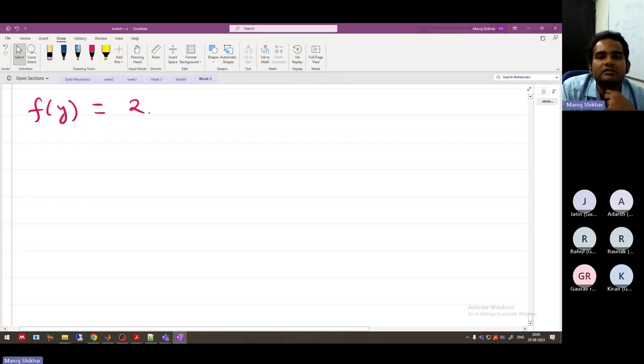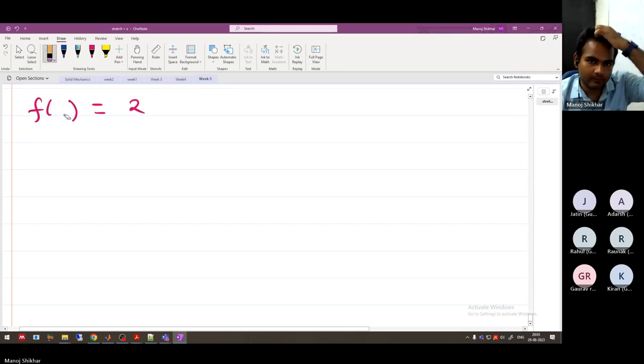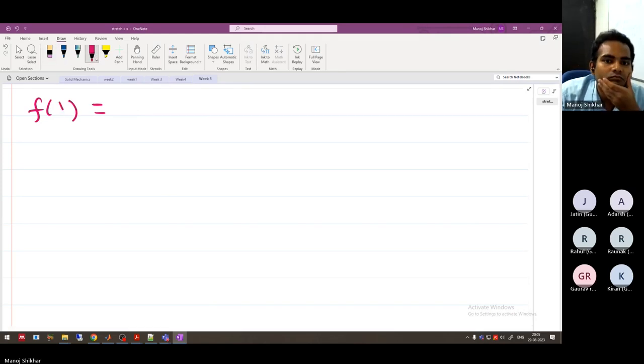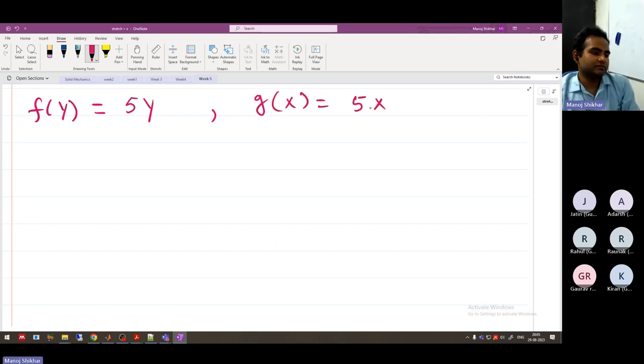So now we have the expressions of f and g. So fy is 5 times y and gx is 5 times x.